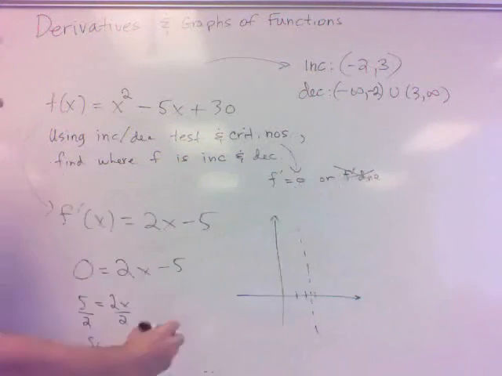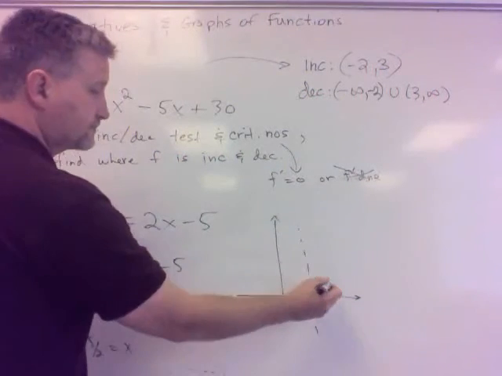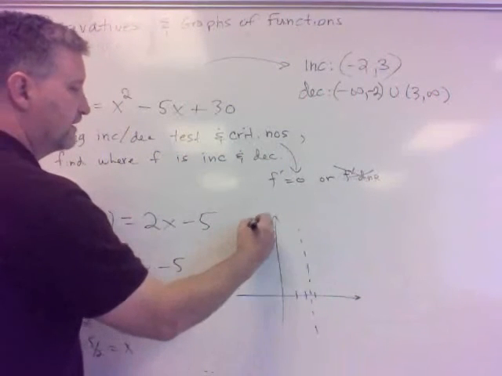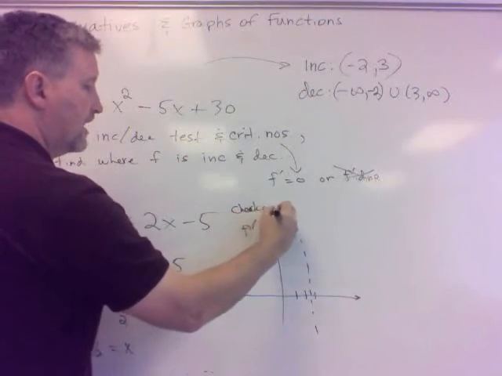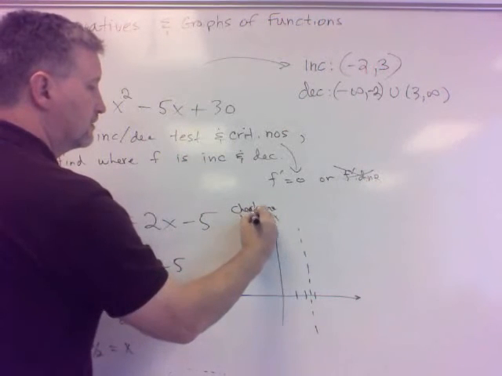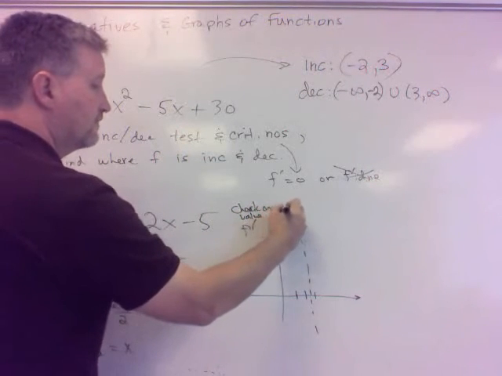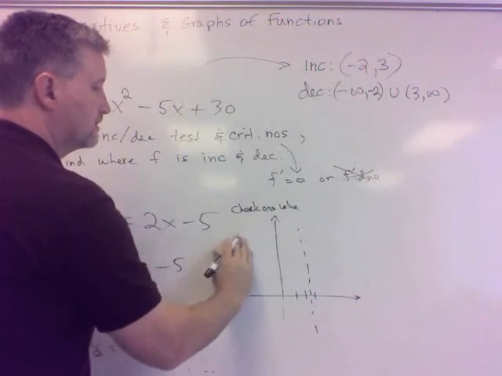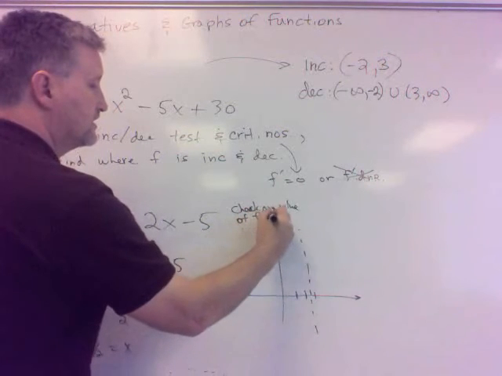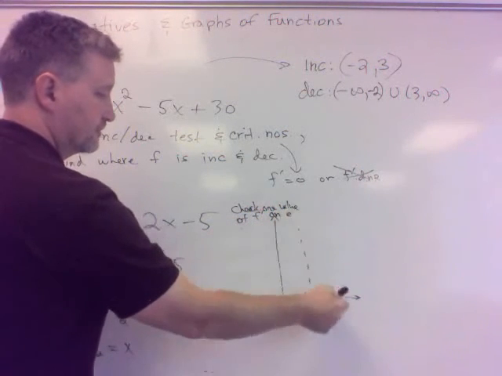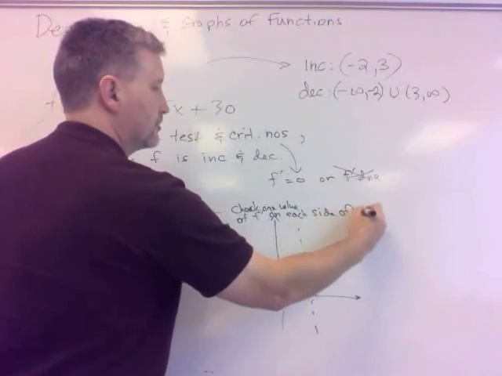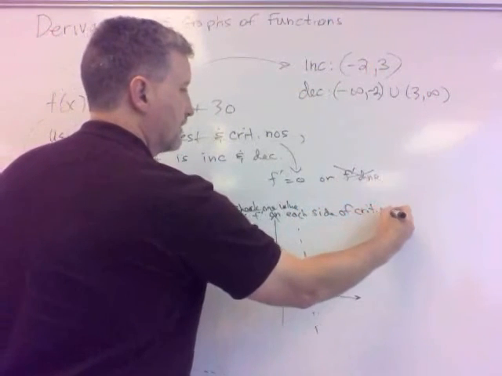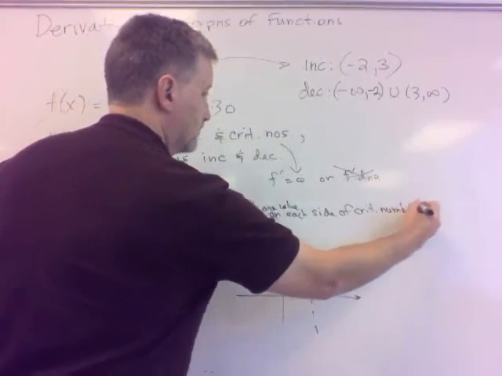Now how do we decide? Well, the way I decide is check just one value of the derivative on each side of your critical number. That's all you have to do. And that'll tell you everything you need to know.